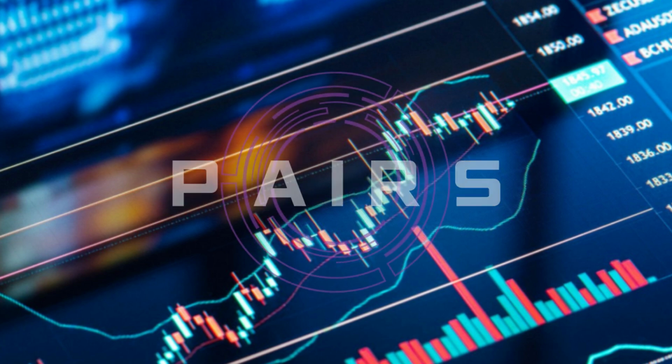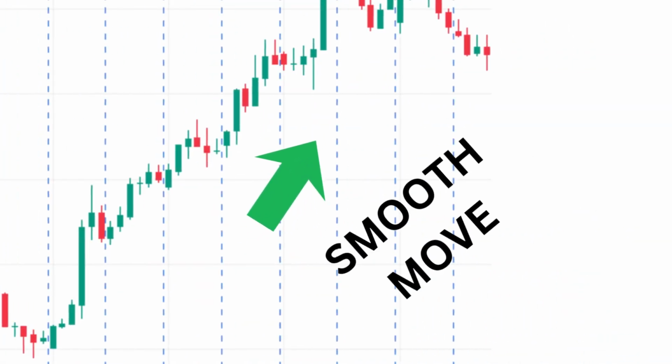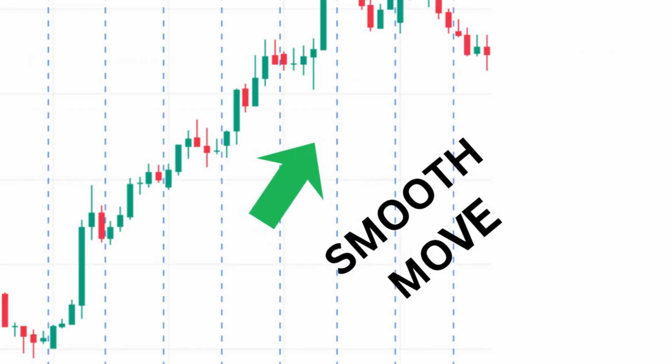Why currency pairs matter for strategy. Every currency pair has a personality. Euro to US dollar tends to trend smoothly. Pound sterling to Japanese yen, often called a beast, moves fast and is volatile. Australian dollar to US dollar reacts strongly to commodity prices and Asian session data. Understanding those behaviors helps you choose pairs that fit your trading style.